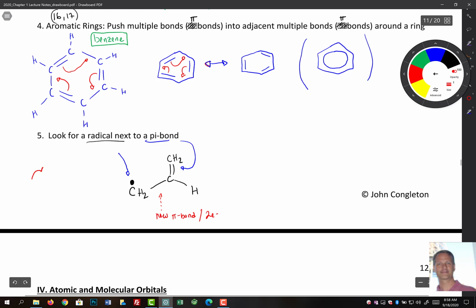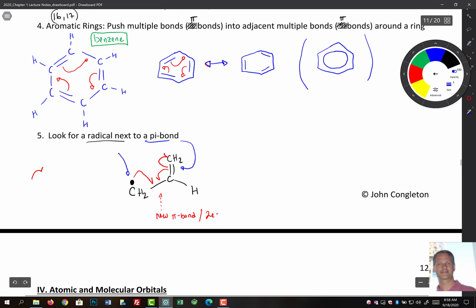We only have 1 here, so we're going to contribute that electron to here. That's half of our pi bond, and we're going to get the other half from the pi bond that's adjacent to us. So we're going to steal one of these electrons and put it right there. That leaves you with 1 more electron up here that then comes up to this position.